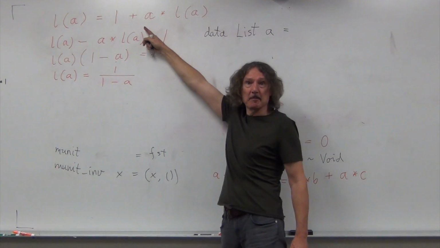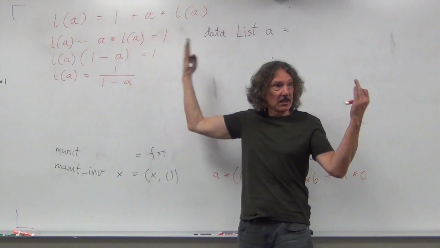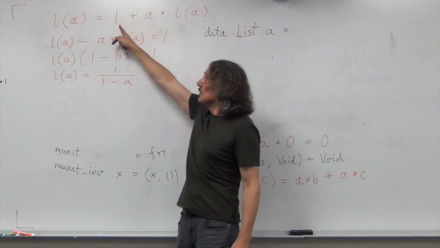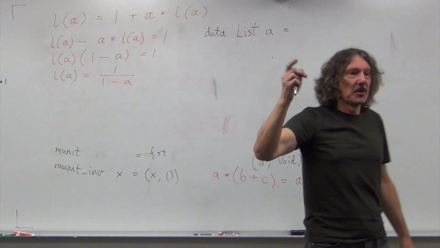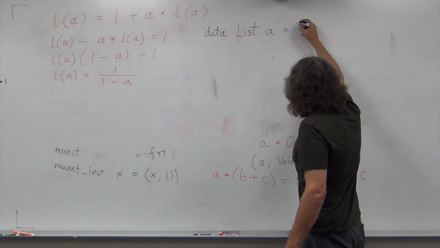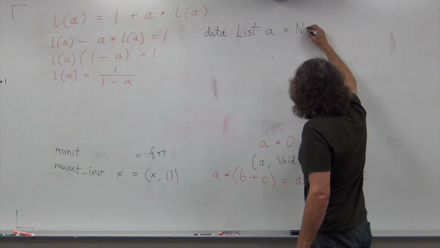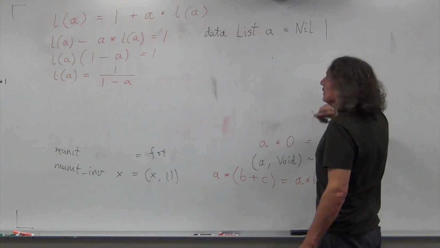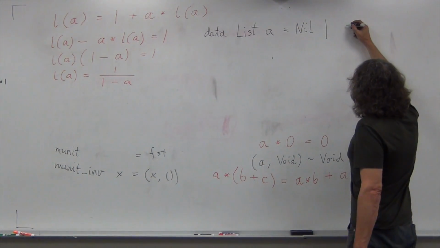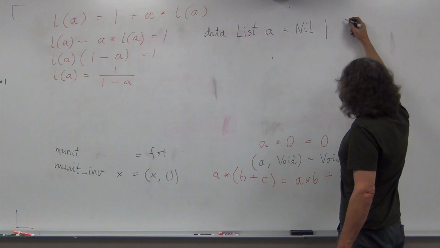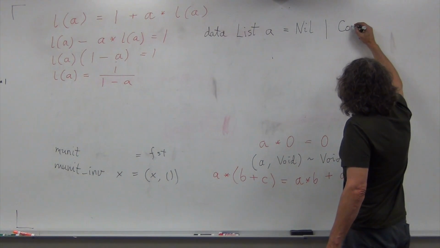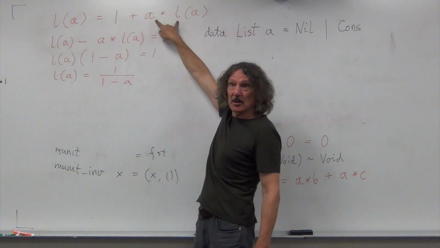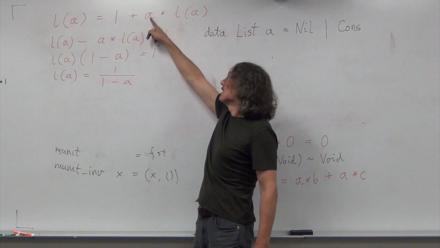So there is a sum. So I will have 2 constructors. This is a unit type, so it's just a constructor that takes no argument. I'll call it nil. Plus, and the second constructor I will call cons, and it's a product type, so it takes 2 things.